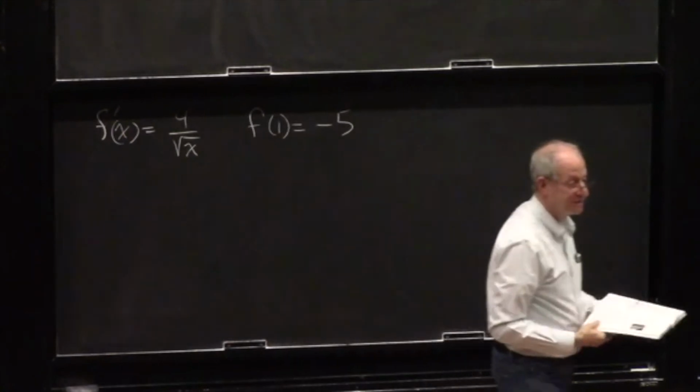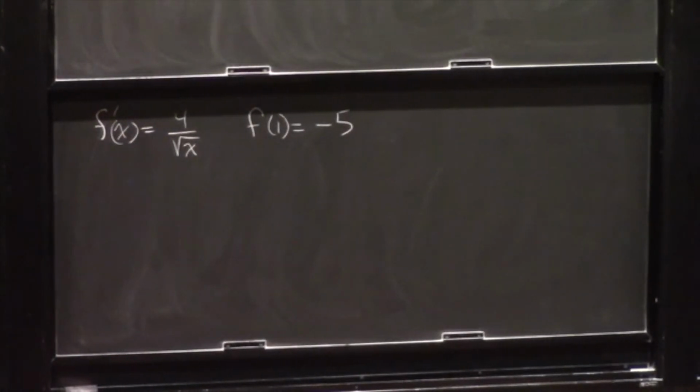Okay, so there's 3 to practice for a minute. So you want to do the antiderivative, and then you take the initial condition and figure out what the constant is.